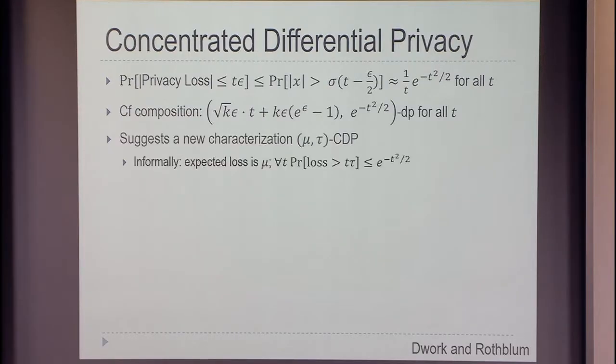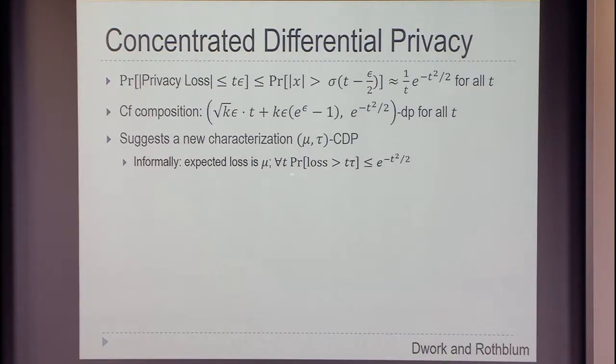Very similar. So this suggested a new characterization of a kind of privacy, which we call concentrated differential privacy. And it has two parameters. It has a mean mu, and it has a standard deviation tau. And the guarantee is something like this.